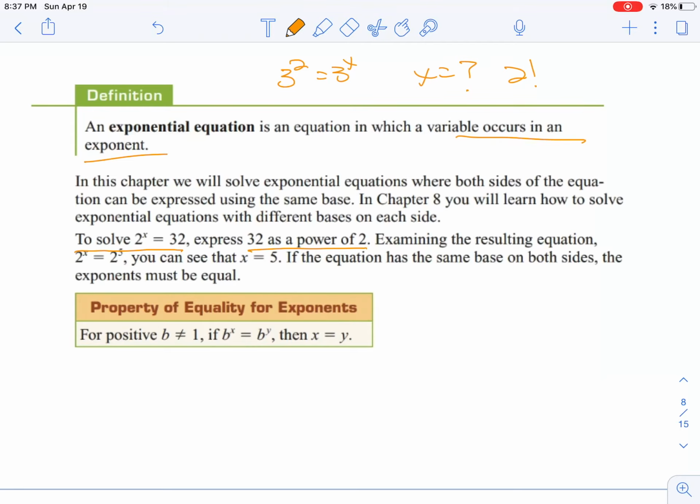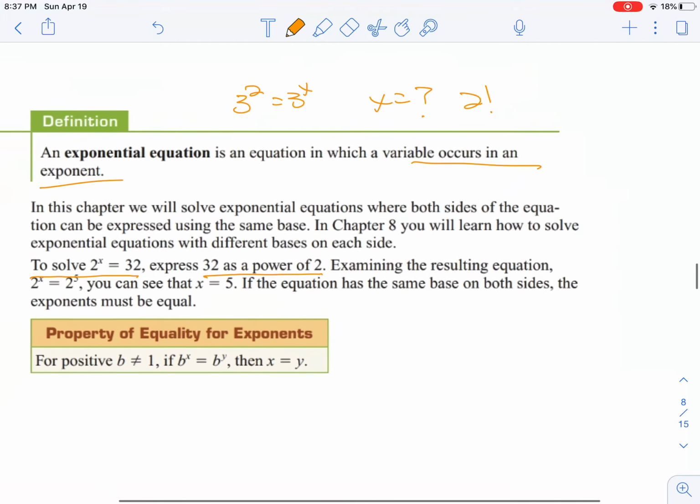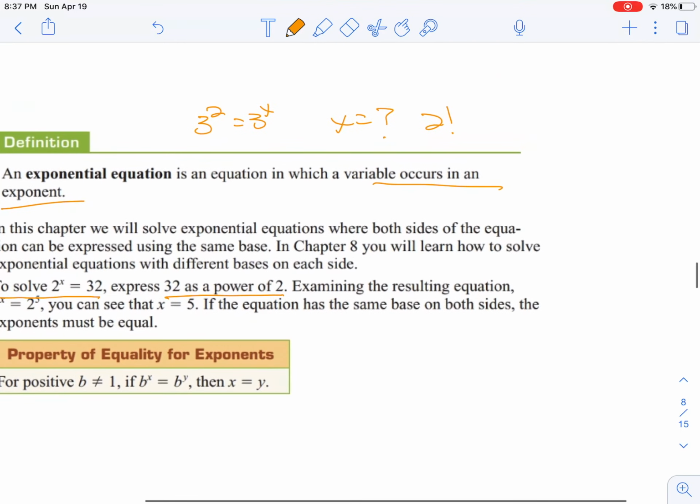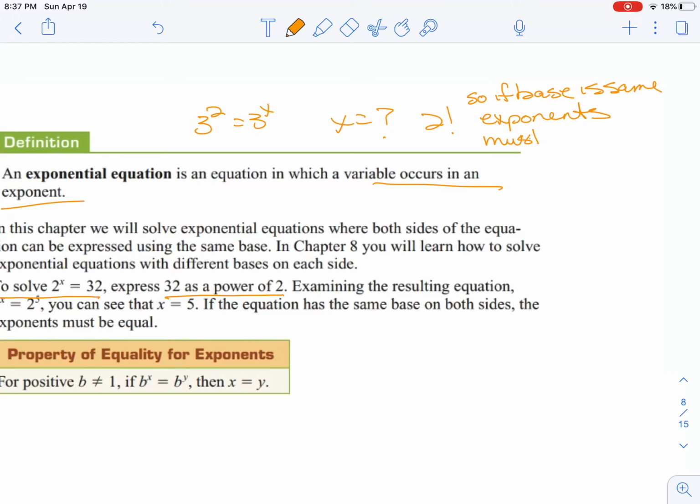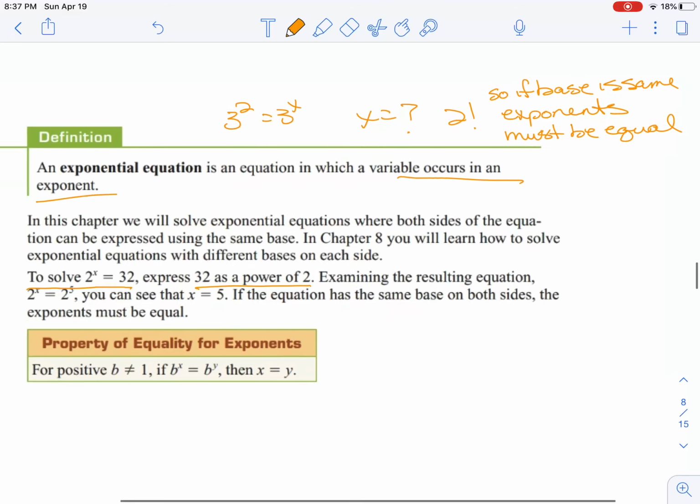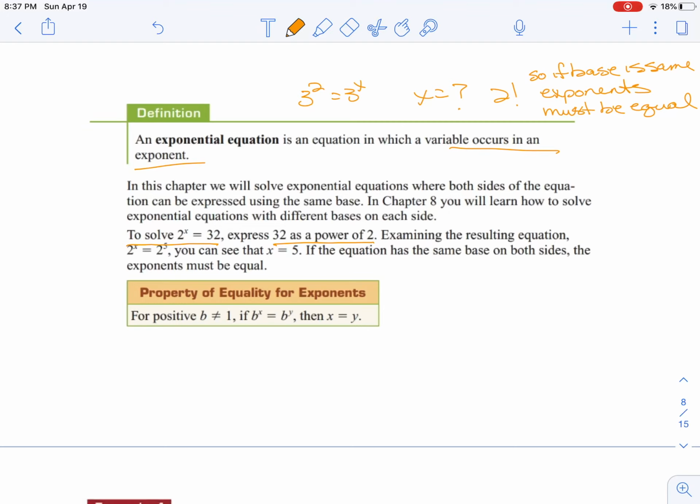X equals 2. So what that means is if the base is the same, then the exponents must be equal. So our goal in this one, after we've isolated it, is to make sure that the bases are the same.